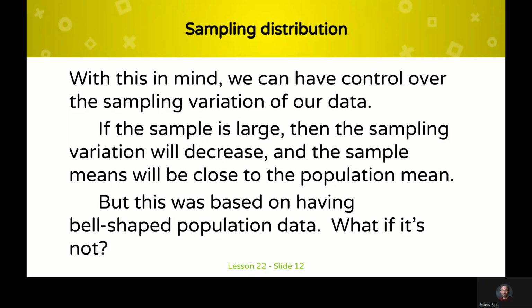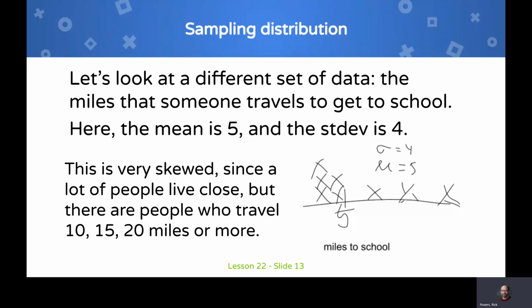What if it's not? Let's look at a different set of data, the miles that someone travels to get to school. Here the mean is 5 and the standard deviation is 4. This is very skewed since a lot of people live close, but there are people who travel 10, 15, 20 miles or more.